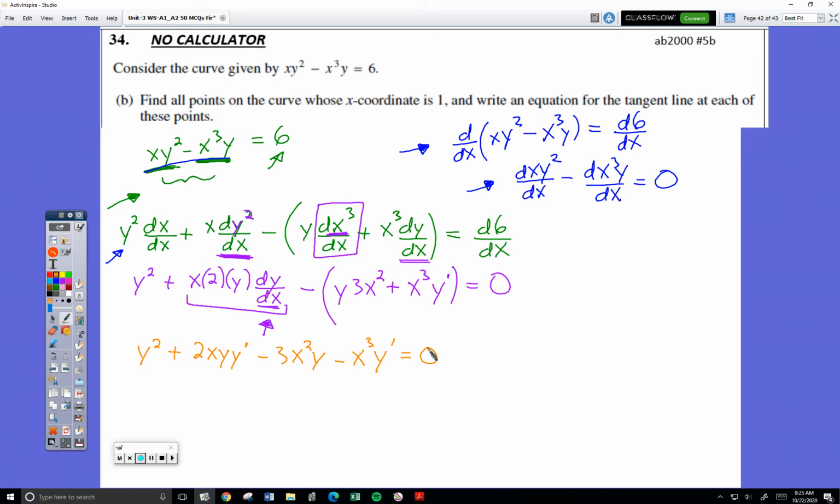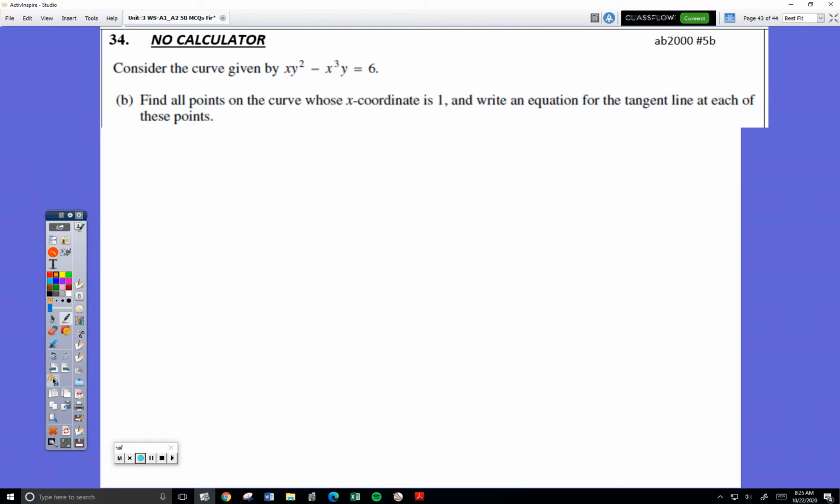Cool. Rearranging, I'm going to move this to the other side of the equation, subtract that across. I'll add this across. So I'll be left with, let's make a copy again. Get some room. Oops, that's not what I wanted.